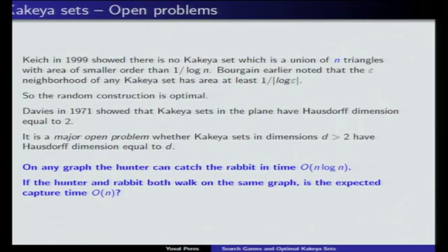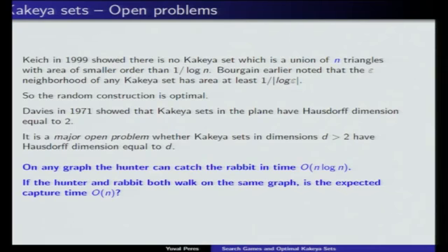So now the rabbit and the hunter have the same rules. At every step, they can either stay in place or walk to a neighboring vertex. In that case, I would conjecture that the capture time is always linear, always order n. And, say, 10n is a bound for all graphs, but we can't prove that.